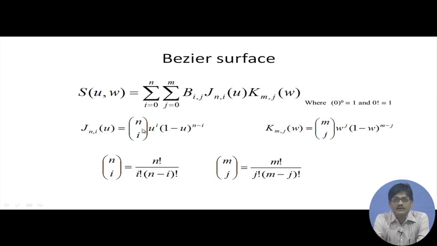So, this way this value can be completely determined and multiplied with the control point coordinates.